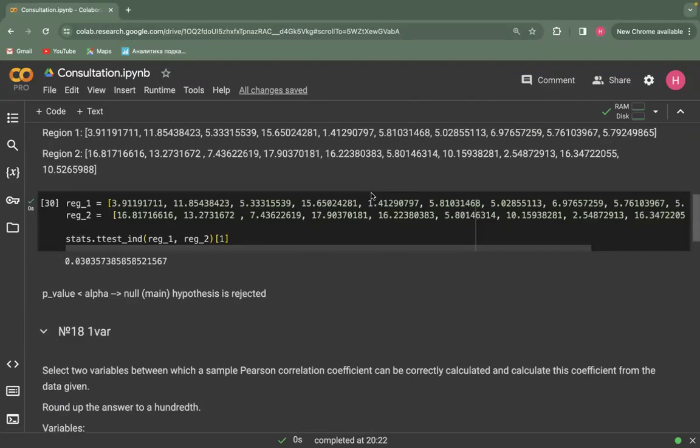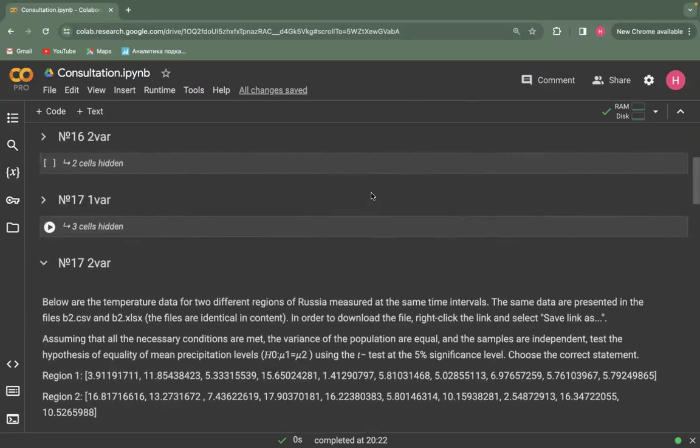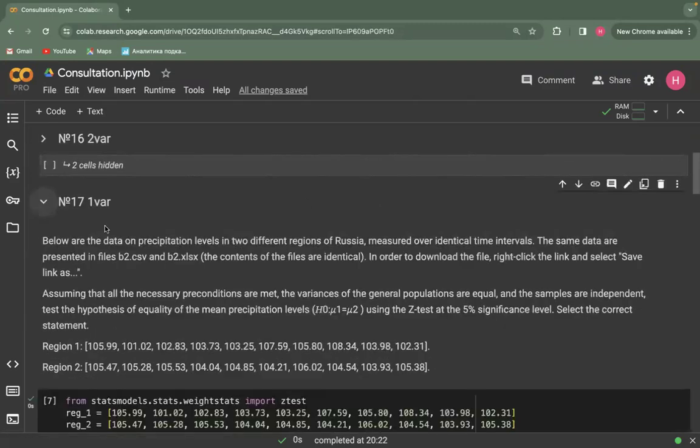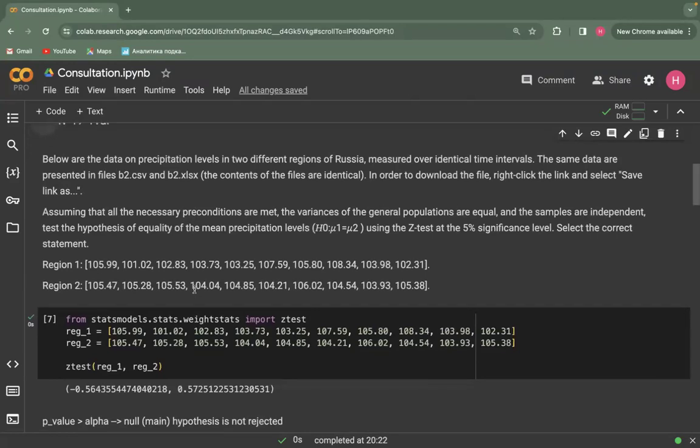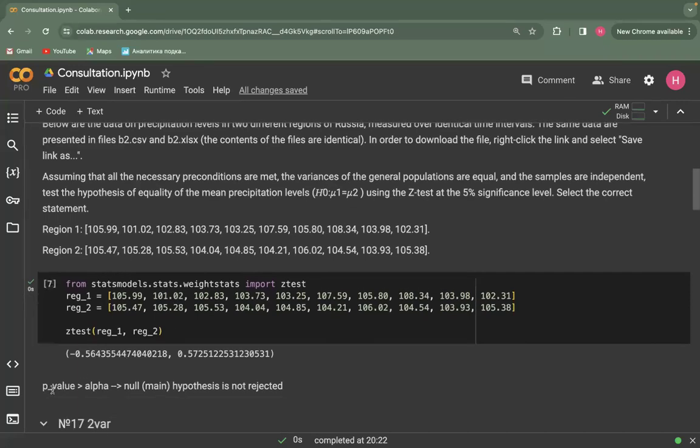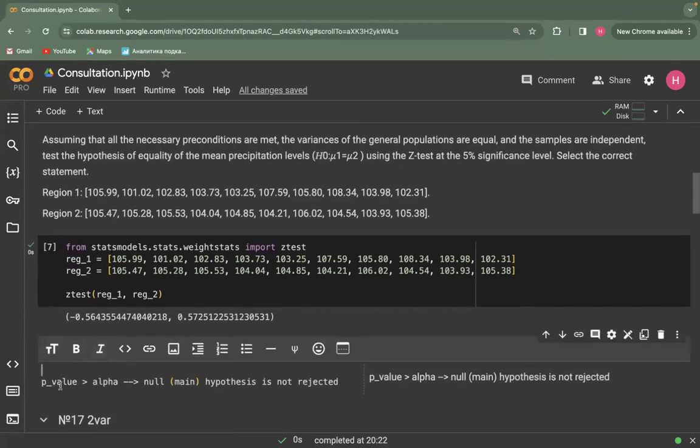Okay, in what? In the first variant or the second variant? Okay, here you are. Yeah, it is.